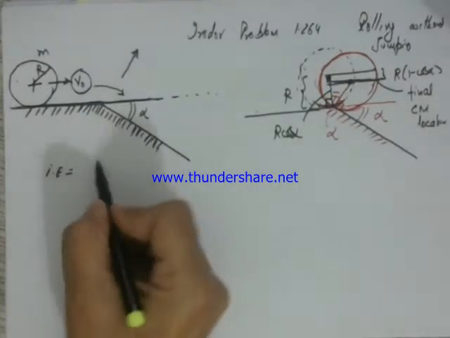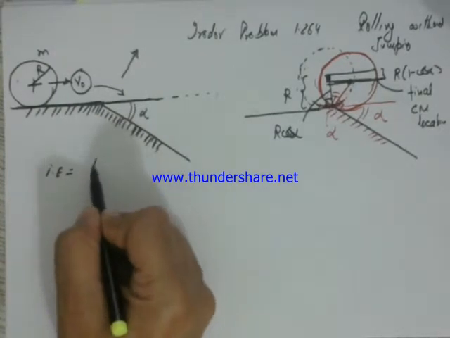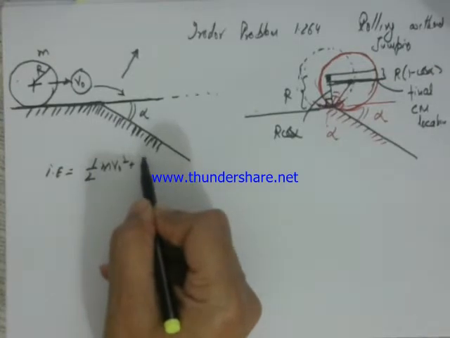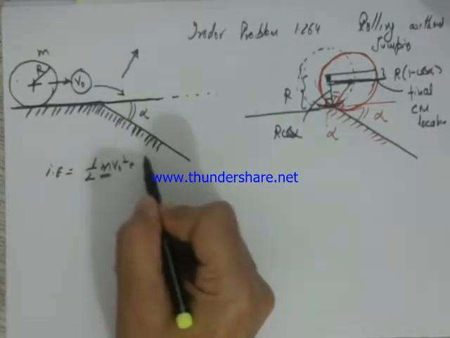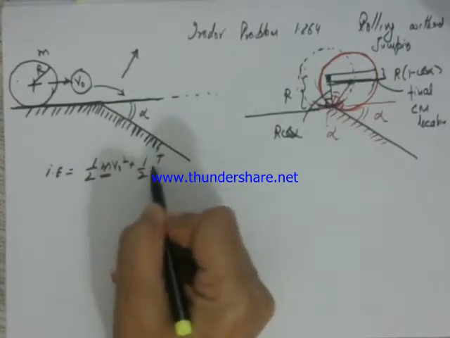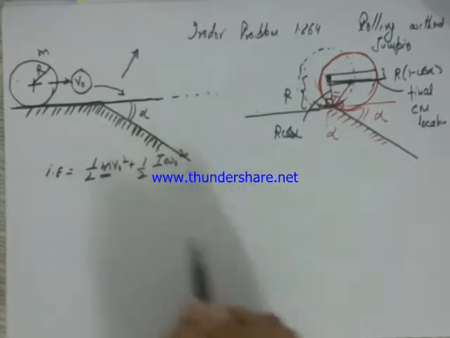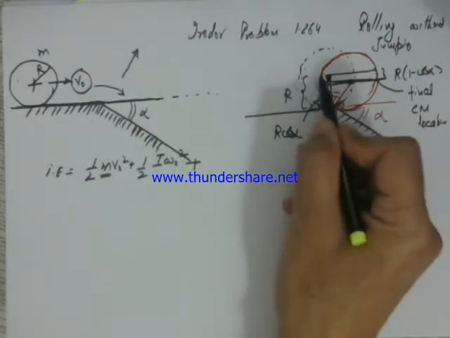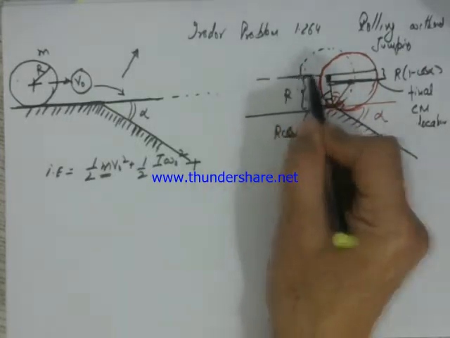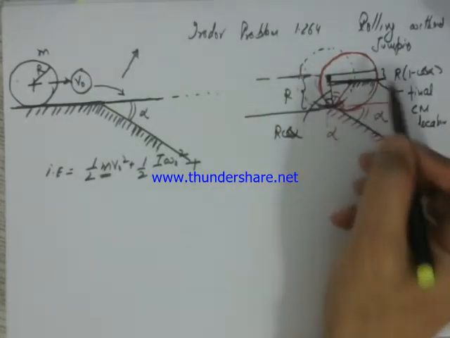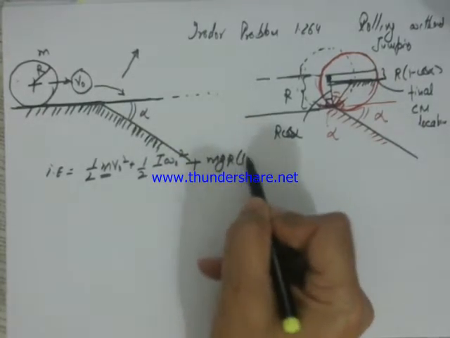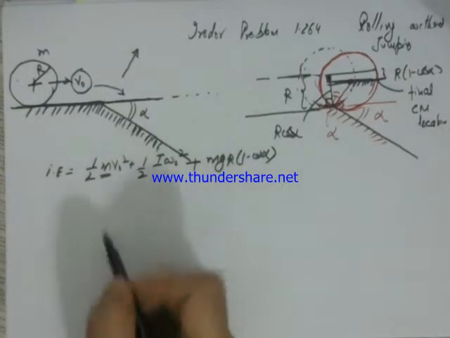So initial energy is the translational energy, half m v0 square, plus half I omega0 square, the rotational energy, plus the potential energy at this height in reference to the new final height, which will be mg r(1 minus cos alpha).